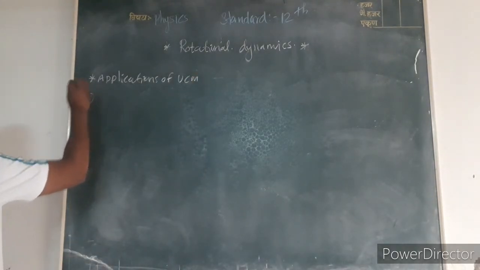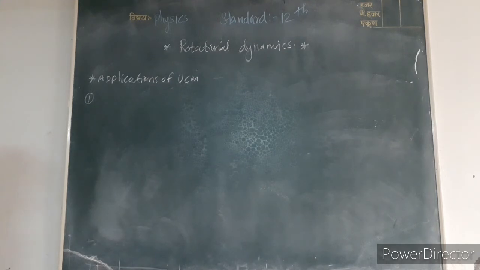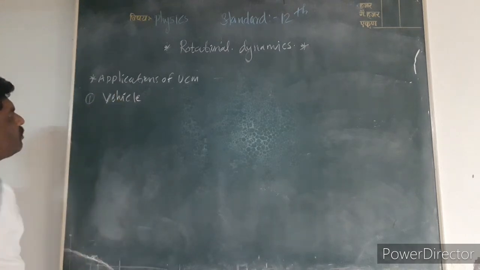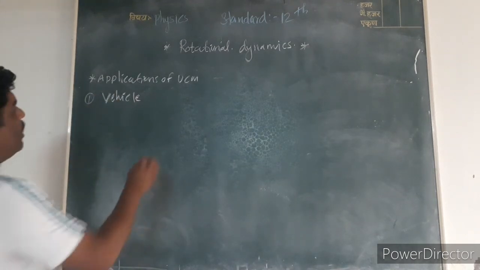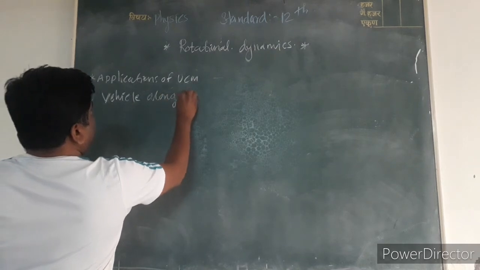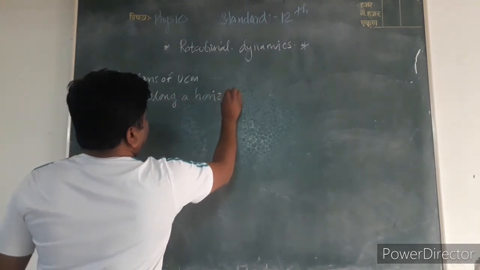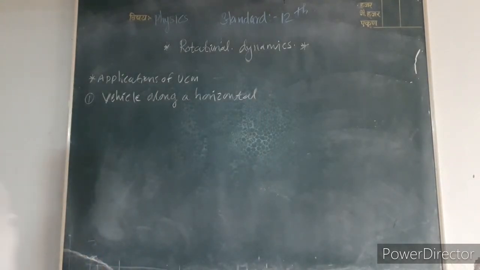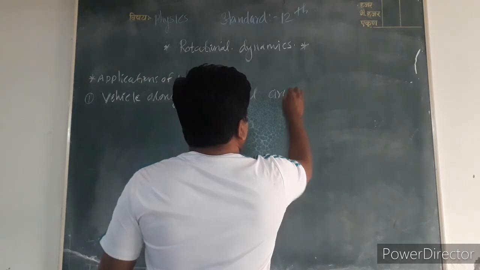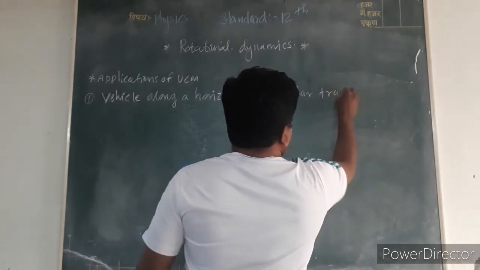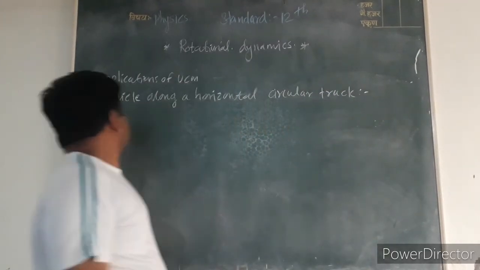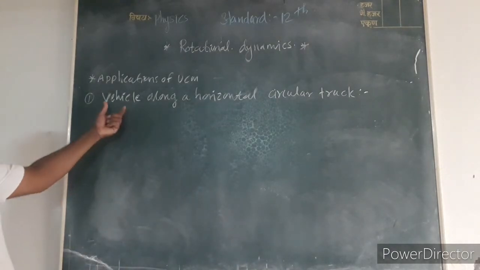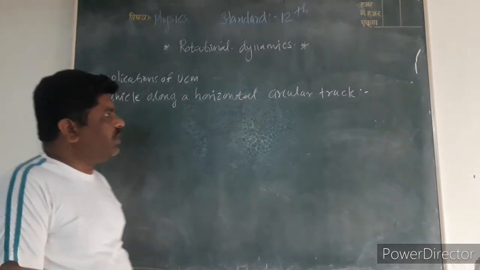The first application is a vehicle along a horizontal circular track.